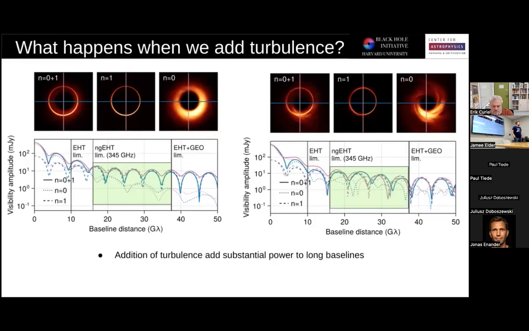The central part is the NGEHT? GEO, sorry. EHT, NGEHT, GEO. I should have put a little arrow. But the central part where it's green says NGEHT. No, it's a label. There should be an arrow here. So EHT limit, everything inside. It's always to the left of the line. Yeah, exactly. So EHT limit, boom, NGEHT limit, GEO.